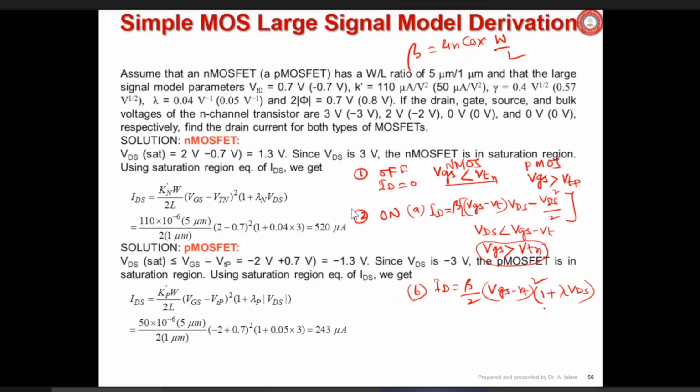The condition for this is VGS greater than VTN, and VDS greater than or equal to VGS minus VT.